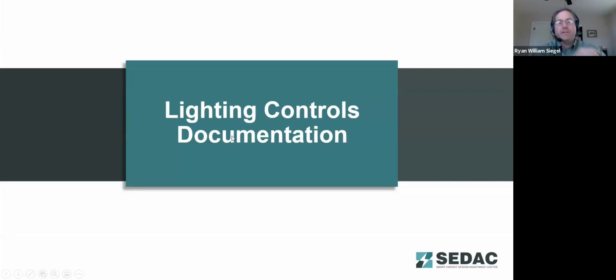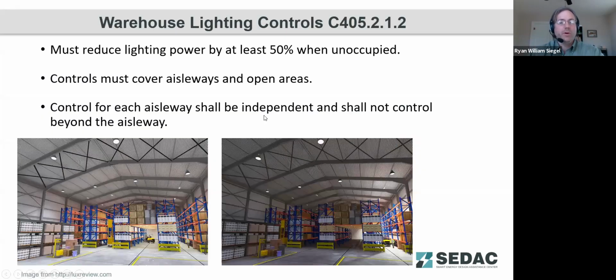All right, lighting controls. This is one area where there's a fair number of different requirements and very detailed items as far as including the different control strategies. First, starting with the warehouses, the code calls out 3 different areas where they have control requirements for occupant sensing controls.